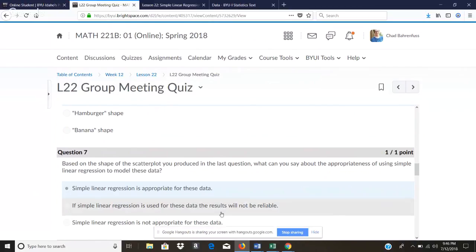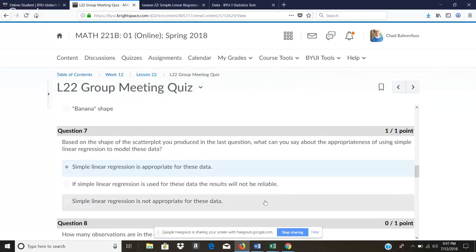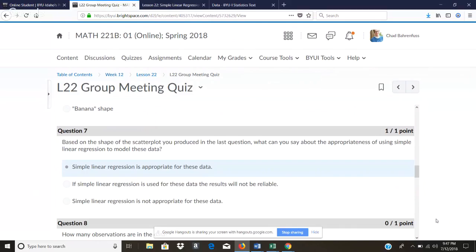These kind of run the same. By elimination, yeah, you figure out which one's the right one. Simple linear regression is not appropriate for this data. Yeah. They seem like they're the same. Yeah, for this data.